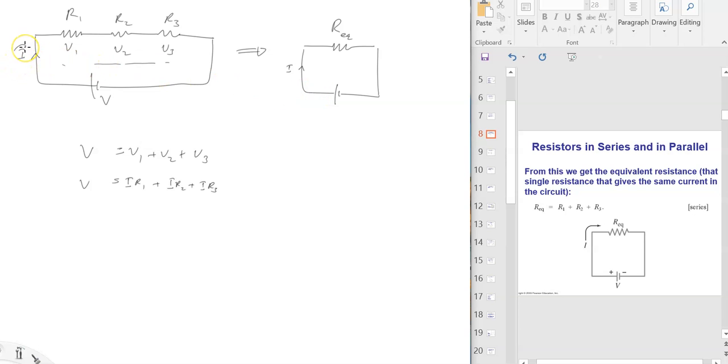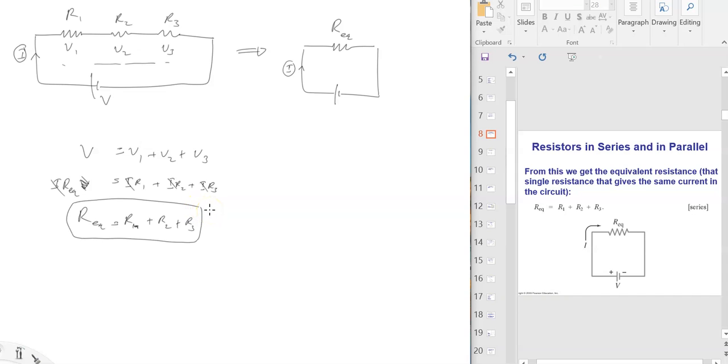Whatever the current over here, if we put the equivalent resistance, the single resistance, it will have the same current in the circuit. So here I can replace this V with the current times R equivalent. You see that this I cancels out, giving me R equivalent is the sum of R1 plus R2 plus R3.